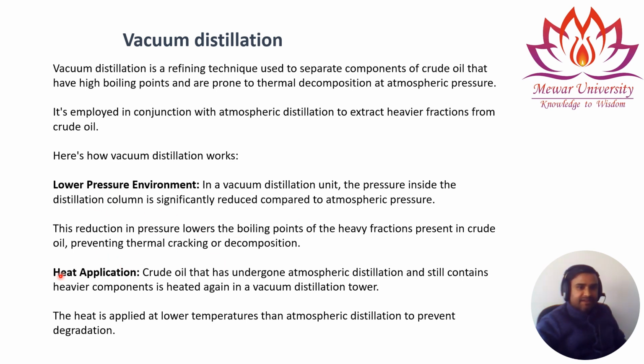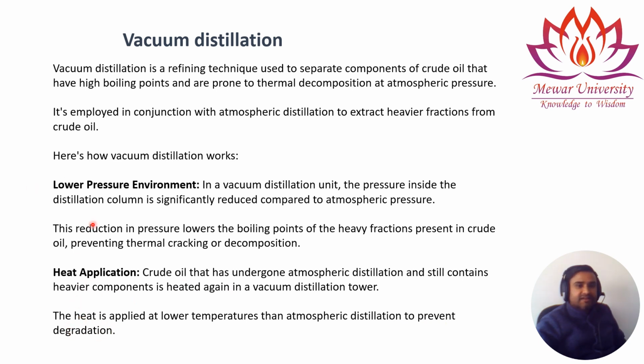Now the heat application. The crude oil that has undergone atmospheric distillation still contains heavier components and is heated again in the vacuum distillation tower. The heat is applied at a lower temperature than in atmospheric distillation to prevent degradation.